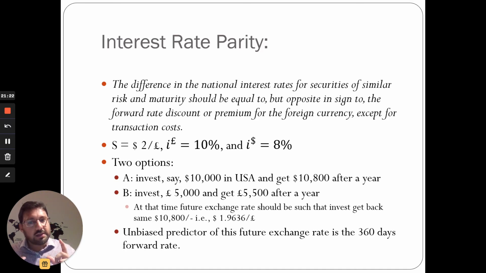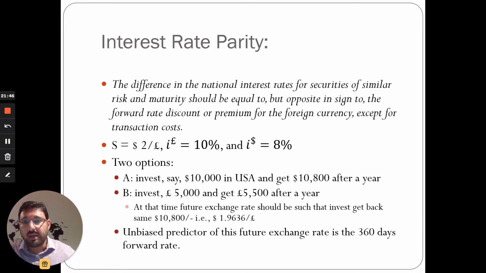If an investor has the alternative option to invest in two countries, and there is a difference in the interest rate, it does not matter where he invests: at the end of the investment horizon, when he converts his money back to his home currency, he should end up getting the same amount.